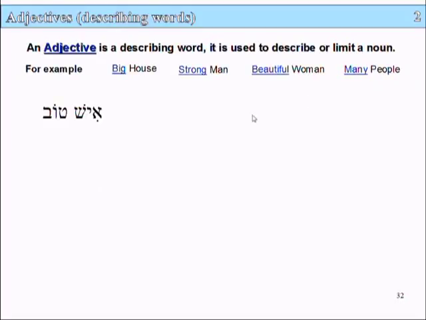Well, it's the same in Hebrew, but in Hebrew the adjective comes after the word. So here we have the word for a man, ish, and he's a good man, ish tov. Tov means good. A good man, ish tov. And in the plural, if we want to say men, anashim, and we want to say good men, we put the word tov at the end, but we put the same plural ending at the end.